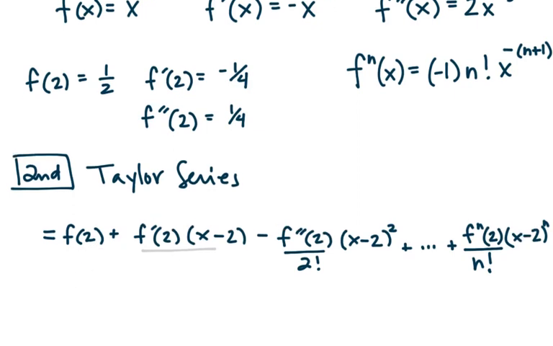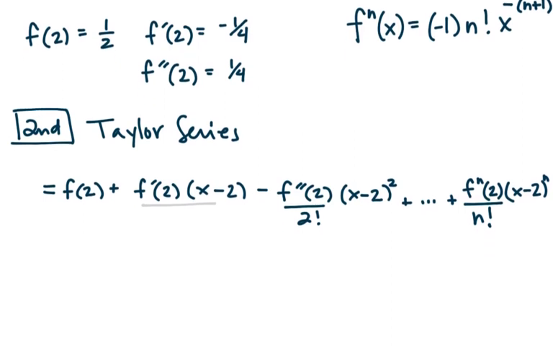And if we take our specified function and derivative values, these guys right here, and we plug them in, we can simplify this just a little bit. So I end up with 1/2 minus 1/4 x minus 2 plus 1/8 x minus 2 squared, continuing along.